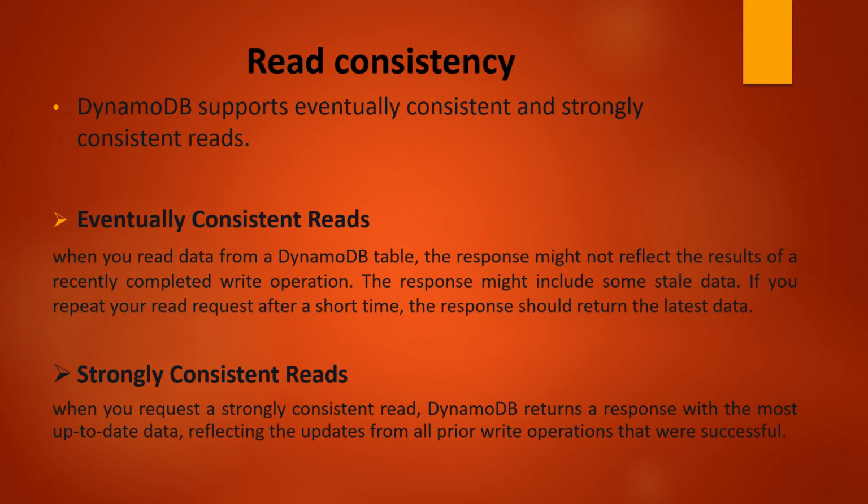So with eventually consistent reads, we may end up reading stale data, and it is faster compared to strongly consistent reads. In the case of a strongly consistent read, DynamoDB waits until the recent write operation is completed. Therefore it is slower and the latency is higher with strongly consistent reads.